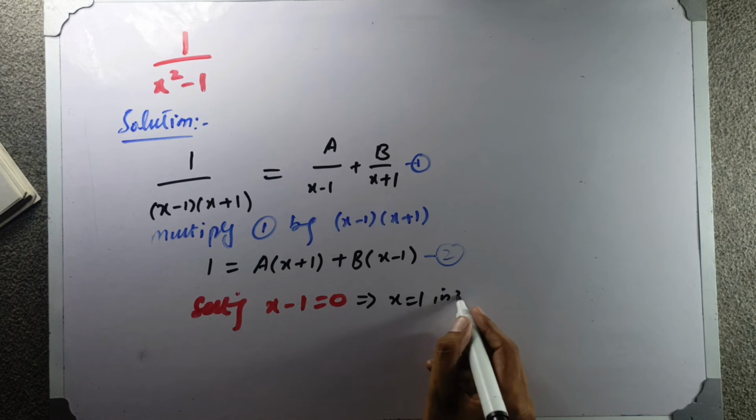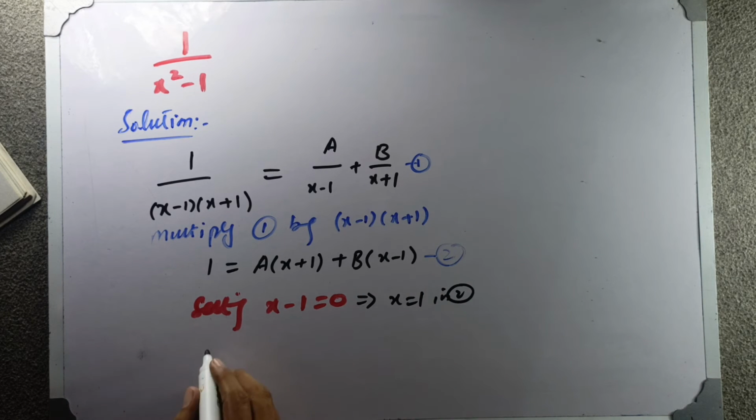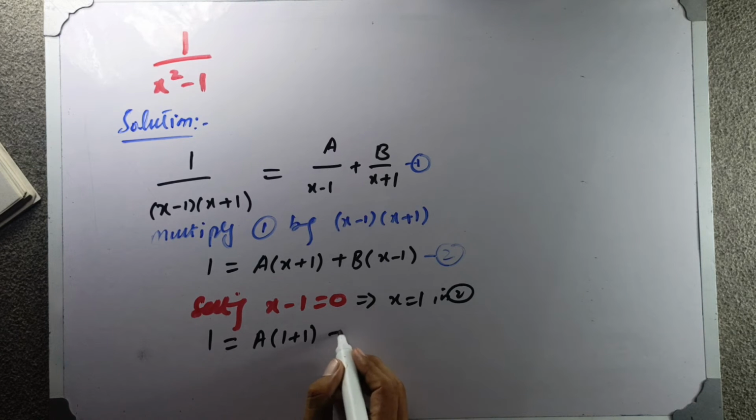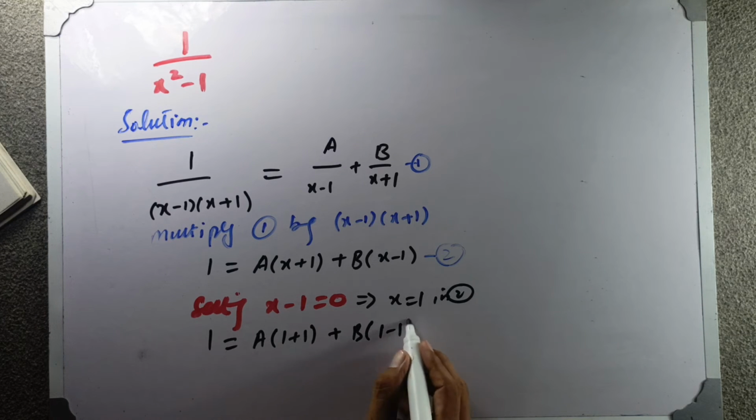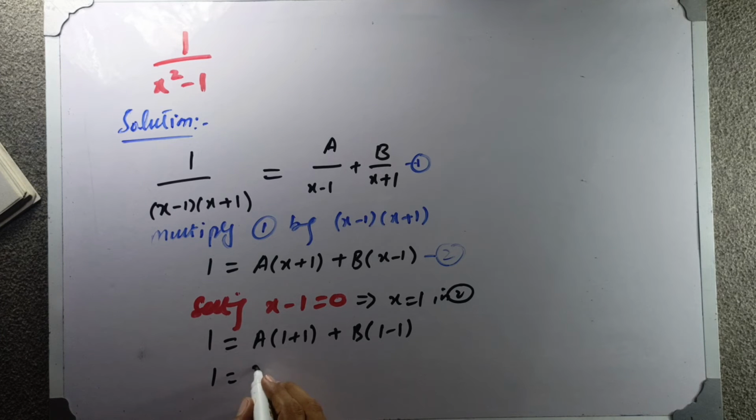In equation 2, this gives us 1 is equal to a into 1 plus 1 plus b into 1 minus 1. So 1 is equal to 2a plus 0. So a is equal to 1 by 2. This will give you the value of a.